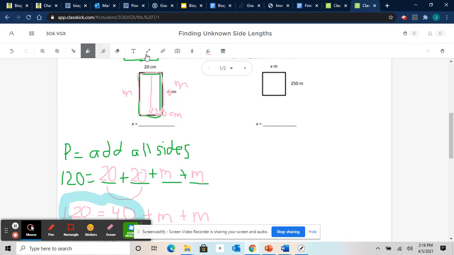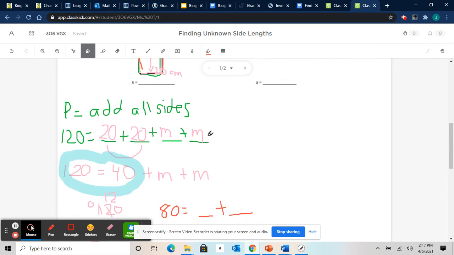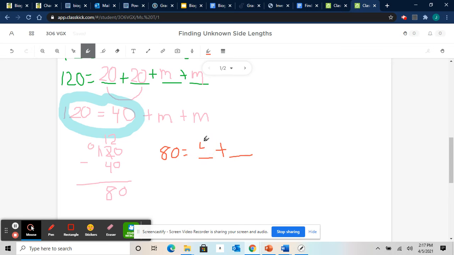So they're basically telling you that this side plus this side is going to equal 80. And I know that this side has to be the same number as this side because they are the same exact length. So I'm going to say 80 equals what plus what. And remember, these 2 numbers have to be exactly the same. So I can just, well, say to myself, well, I know that 40 plus 40 is 80.